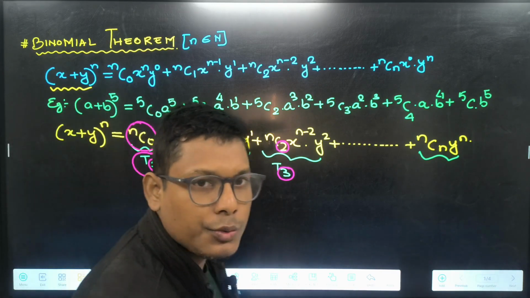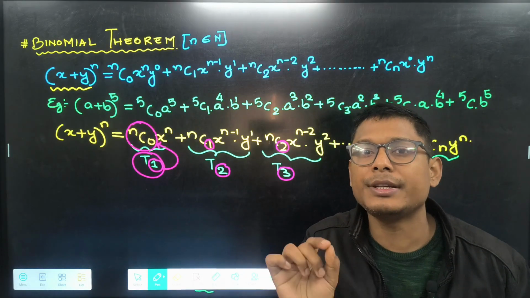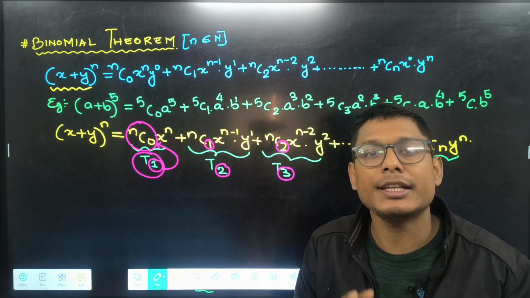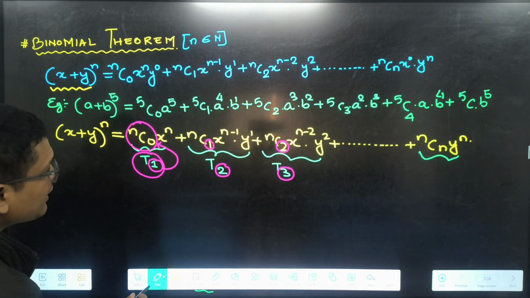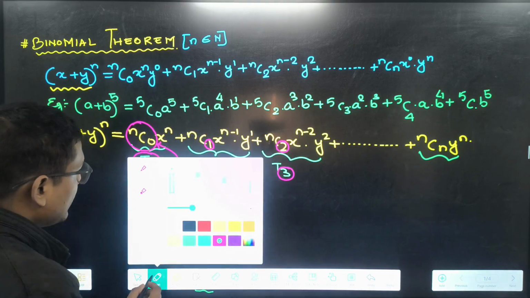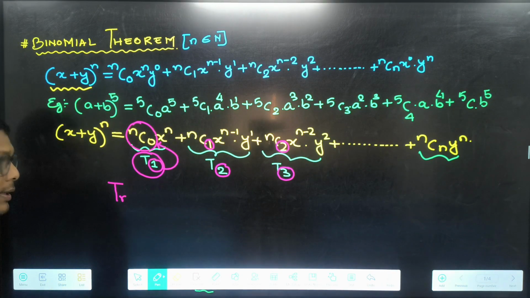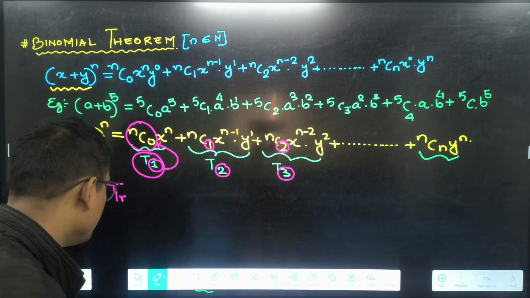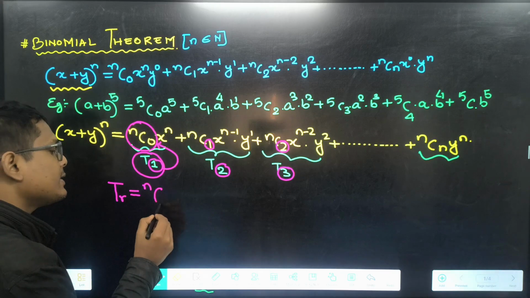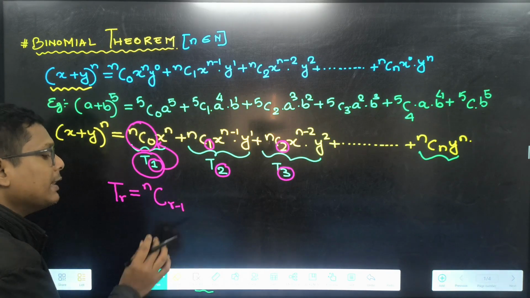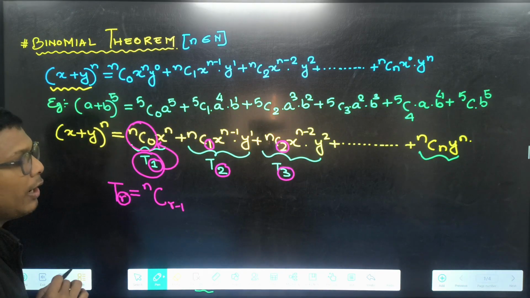So in any term, the lower suffix will be 1 less than the term we require. Let's generalize: if we need to find the term Tr, it will become nC(r minus 1). That means the lower suffix will be 1 less than the term we require.